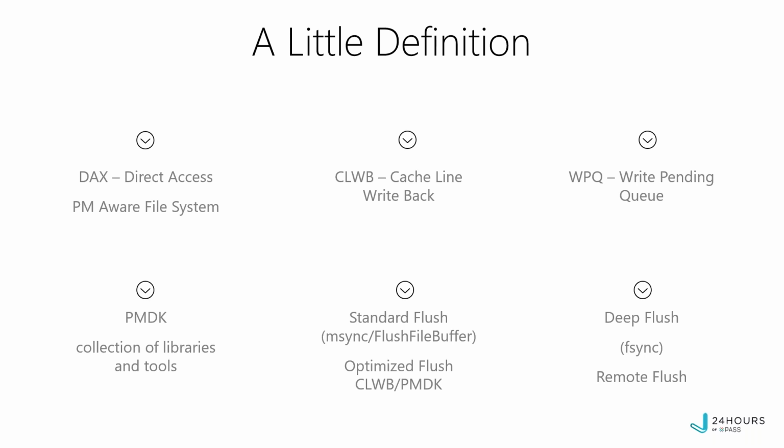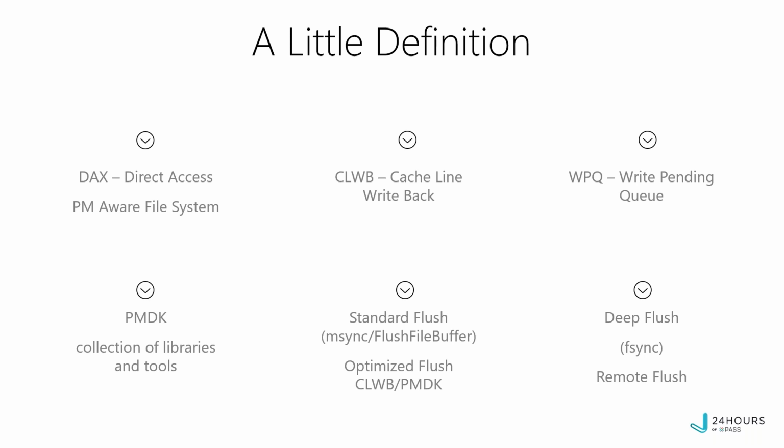So NTFS, ext4, and XFS, whenever you have a persistent memory device, you can mount the file system with a DAX parameter and be a DAX-aware file system. PMDK is an open source library that helps you to use persistent memory in a more efficient and easier way.